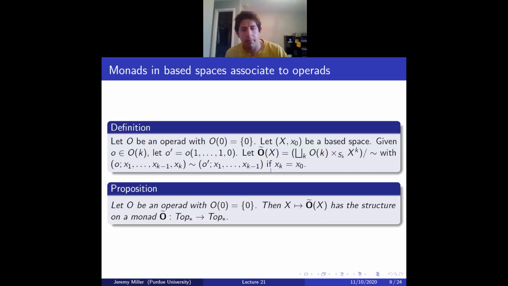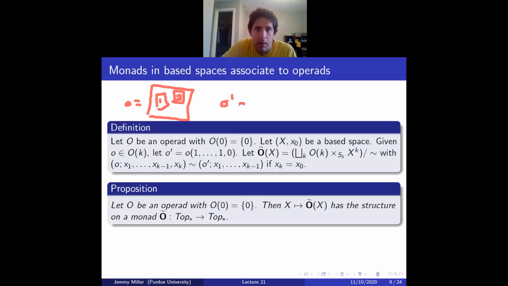Okay, so for simplicity, let's take an operad, and we'll assume that in arity 0, we just have one entry, and we'll name that entry 0. Then given an element o in O(k), we can build this O prime. So maybe in pictures, let's say little o in the little cubes example is this, with cubes 1, 2.